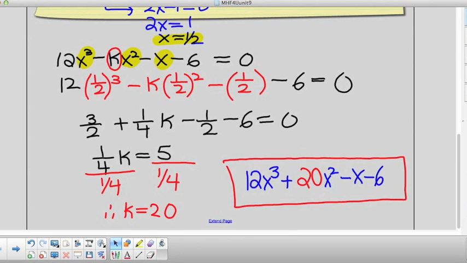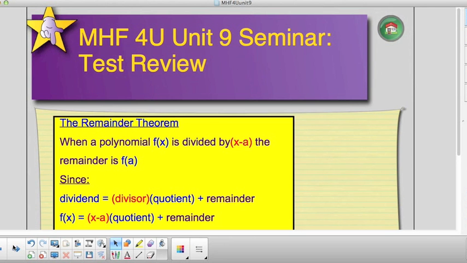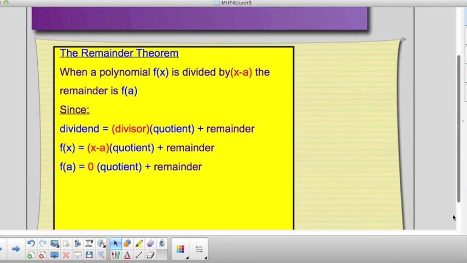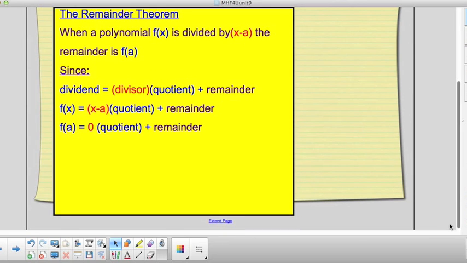Okay, now I need to talk about the remainder theorem. So the remainder theorem is when a polynomial f of x is divided by x minus a, and the remainder is f of a. So that means your dividend is going to be equal to your divisor times your quotient plus your remainder.